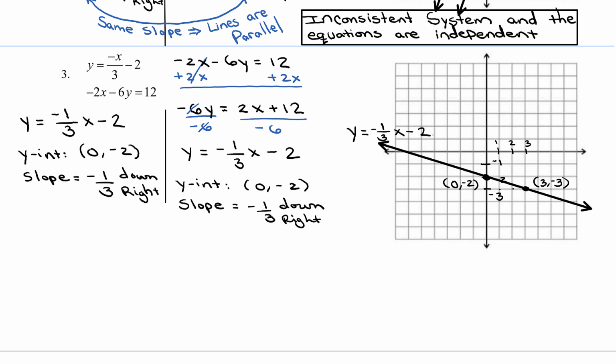And then when we write down our solution set, we can write our solution in set builder notation. We're going to open up a set of braces, and then say the set of all ordered pairs (x, y) such that this satisfies the equation y equals -1/3 x minus 2.